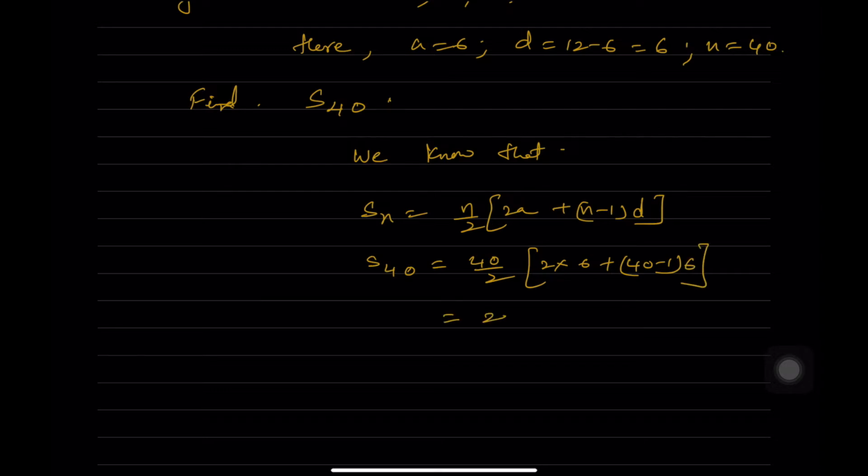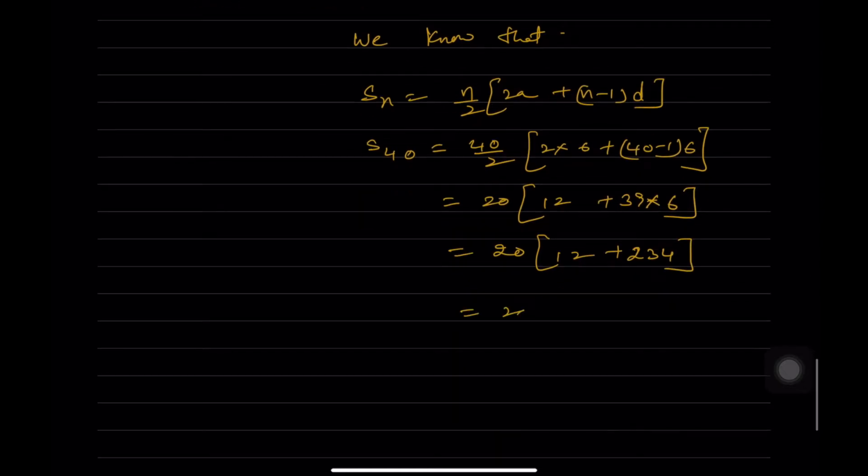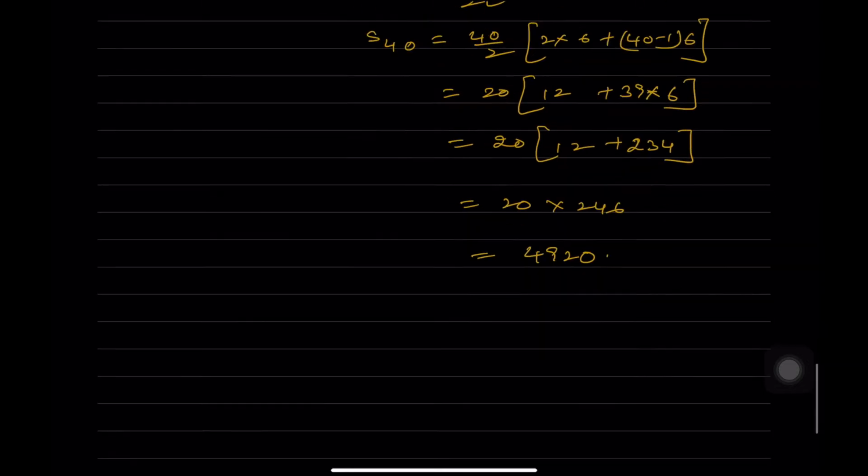Which is equal to 20 into 12 plus 39 into 6, which is equal to 20 into 12 plus 234, which is equal to 20 into 246, which is equal to 4920.